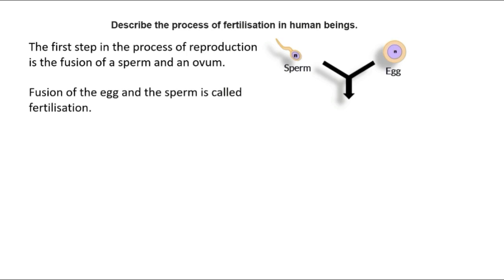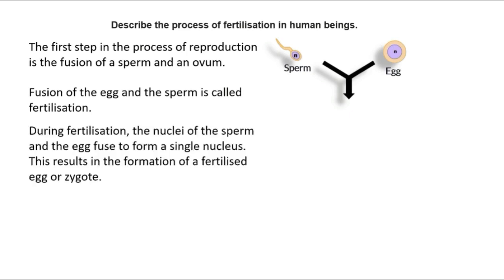And then what happens? During the fertilization, a nucleus of sperm and a nucleus of egg come together and they become a single nucleus, right? And what is that called? That is called zygote, right?